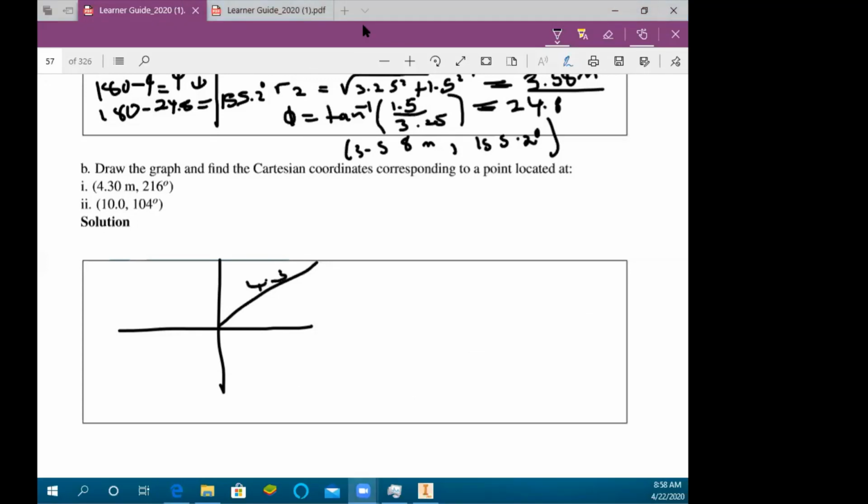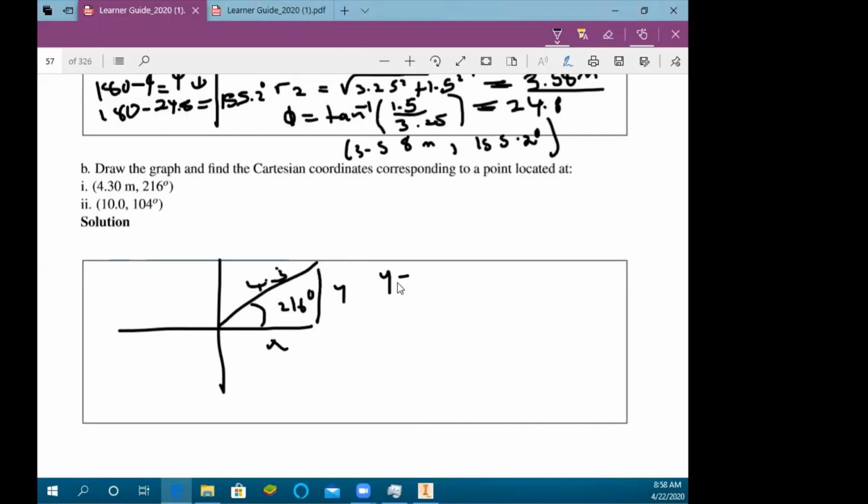Those with questions, just raise your hand. And this angle is 216 degrees, right? Yes. Great. Find the Cartesian coordinates. I want us to find the y and the x, right?